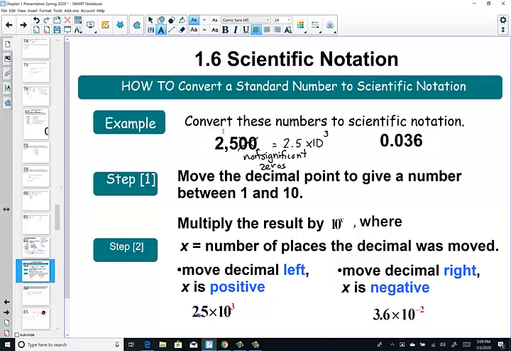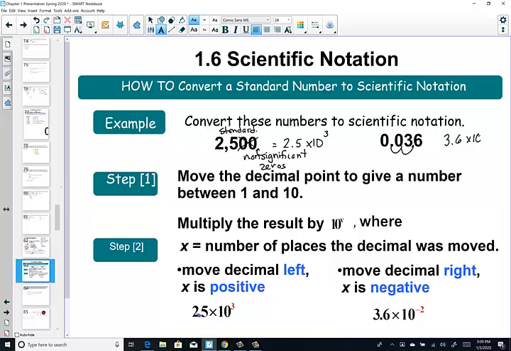So if my standard notation has 2 sig figs, my scientific notation should also have 2 sig figs. How about this number, 0.036? We move the decimal so that it has one non-zero digit to the left, giving us 3.6.